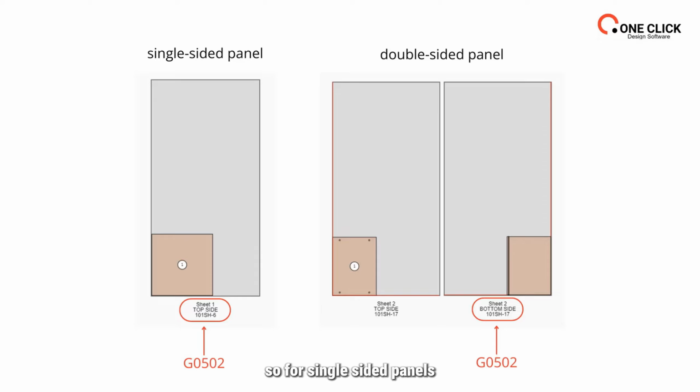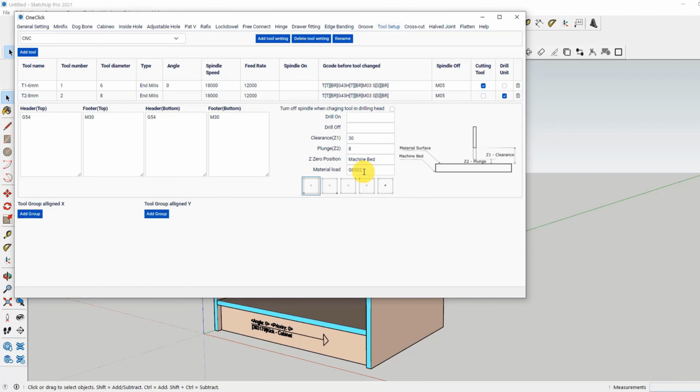For single-sided panels, the material load code is added to the gCode file of the top side. And for double-sided panels, it's added to the gCode file of the bottom side. For machine origin, select the one that matches your machine. In this case, number 1 for example.